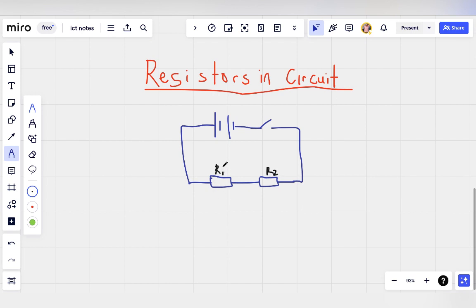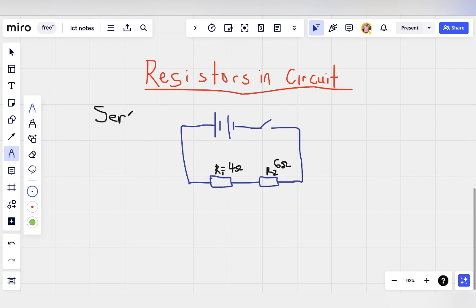Maybe this one is 4 ohms, and this is 6 ohms. This 4 ohms, this 6 ohms. Okay, and we say series, resistors in series. This is arrangement in series.